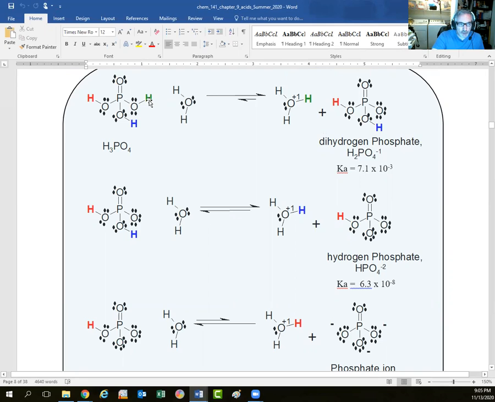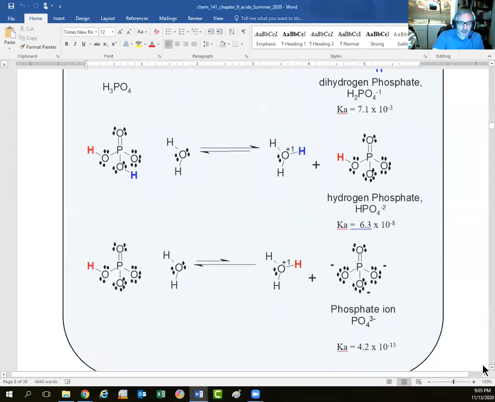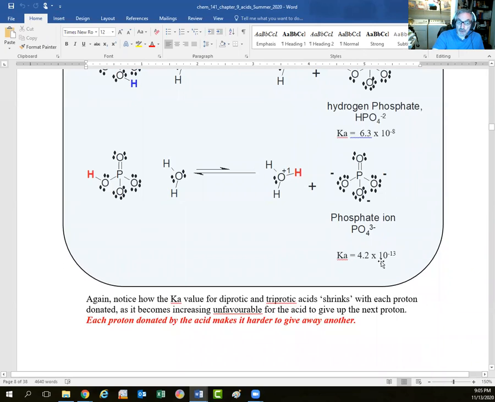Phosphoric acid, that first proton, a value of 10 to the minus 3 for the equilibrium constant. Giving away that second proton, the value goes down to 10 to the minus 8. Giving away that third proton, we go down to 4.2 times 10 to the minus 13. So very few of the molecules successfully give away that third and final proton to make a phosphate ion. It gets harder and harder to give the protons away.